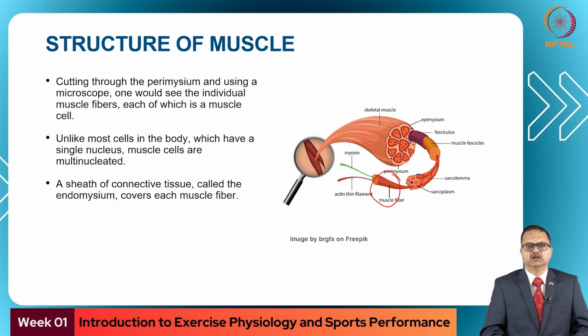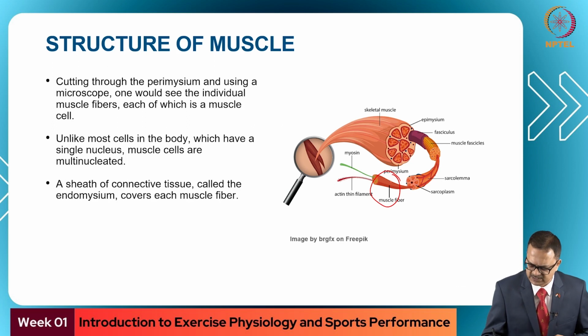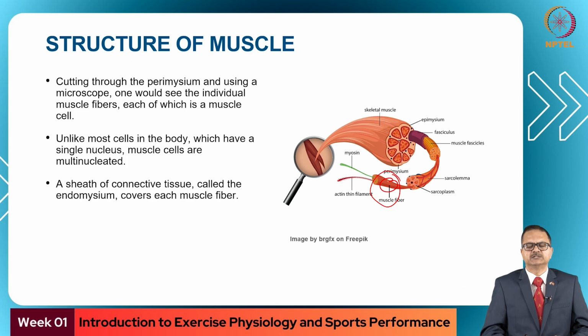Most cells in the body are single nuclei, but muscle cells are multinucleated. A sheath of connective tissue called the endomysium covers each muscle fiber. Muscle fiber is further broken down into a thick filament and a thin filament. We'll discuss that more in detail.